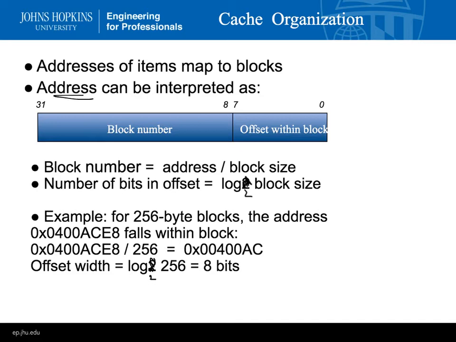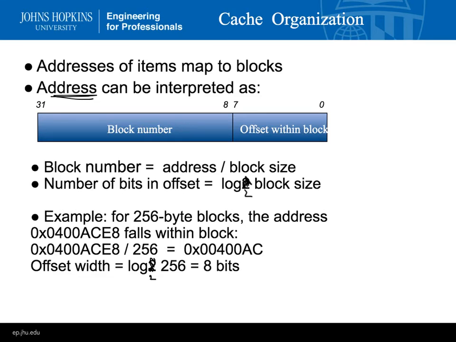So we have an address of a byte, and that one byte is going to be within a particular 256 byte block. So we can figure out, when we get an address, what block it is in, and where it is in that block.